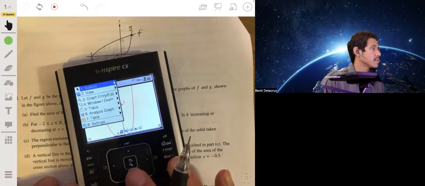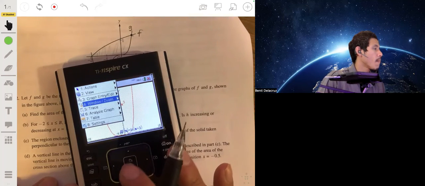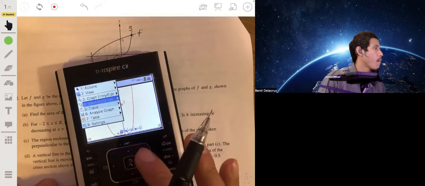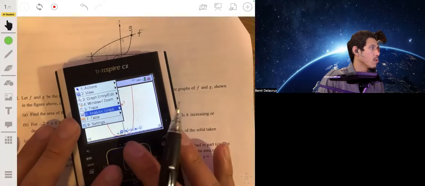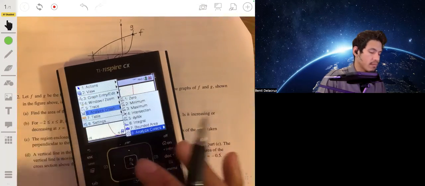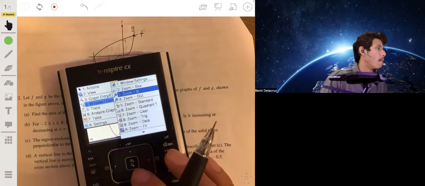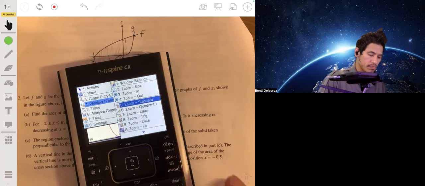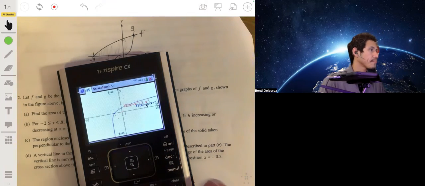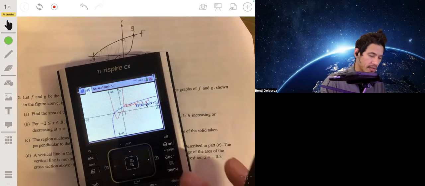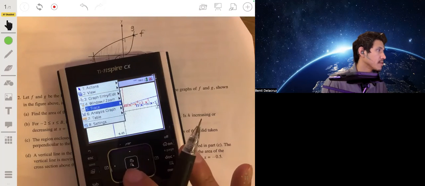Let's zoom standard. Whoa, calculator's going crazy here. Okay, so now let's analyze this and see where they intersect.